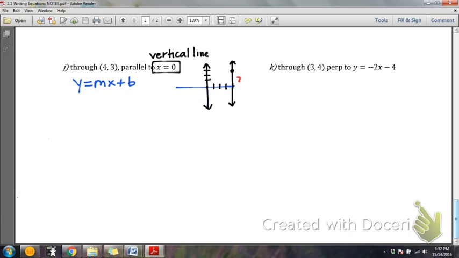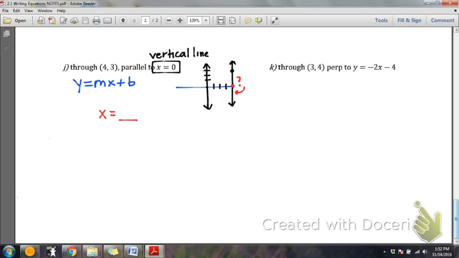So the question is, what's the equation of this line over here? Well, we just said if it's a vertical line, it has to be x equals something, right? X equals something is always going to give me a vertical line. Well, what does the x value equal over there? What x value is it going through?